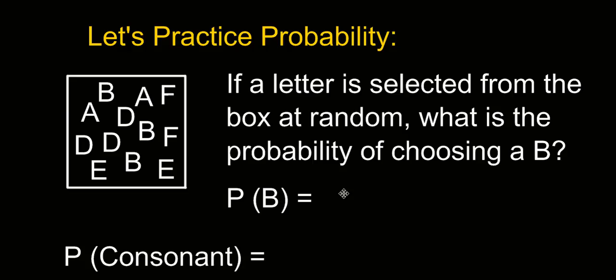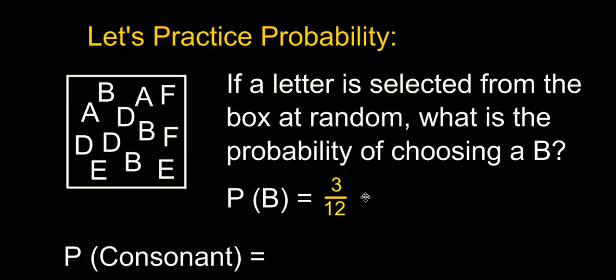We put the number of favorable outcomes, which if we count the letters B over here, we can see there are 3. And if we count all of the total possible outcomes, we have a total of 12. So we would write this as 3 out of 12.